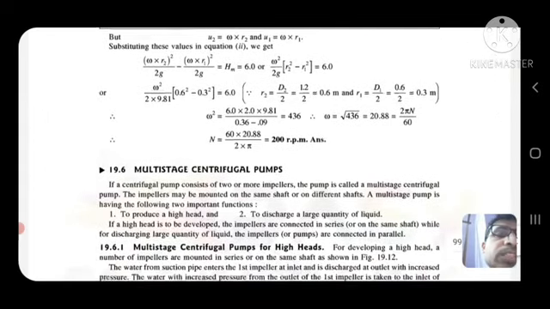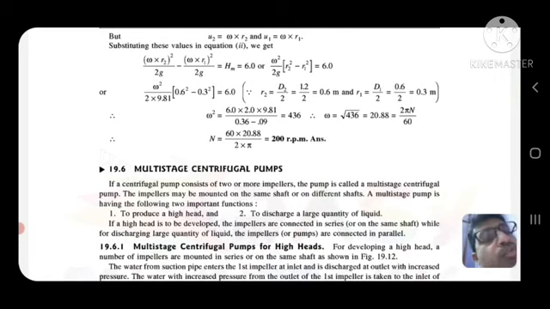So U2 is equal to omega into R2, U1 is equal to omega into R1. Substituting these values in the equation, we get omega R2 square minus omega R1 square over 2g equal to Hm, that is equal to 6. Omega square by 2g, R2 square minus R1 square equal to 6.